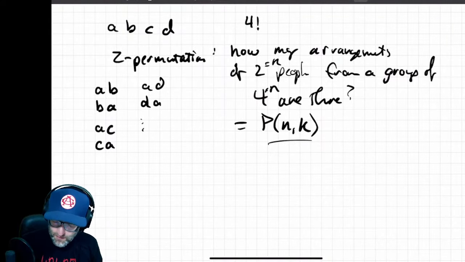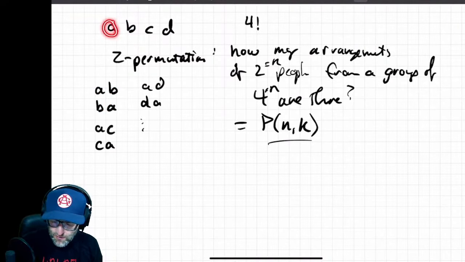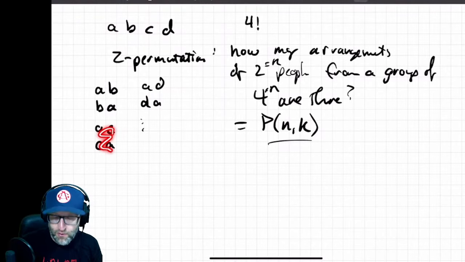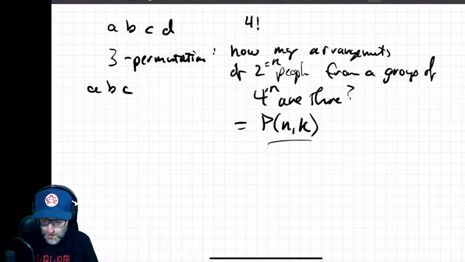Well, hopefully you saw a pattern here. What I did is, go ahead and choose the first two, and then permute them both. Then choose the second two, A and C, and then permute them both. It might help to look at this from the perspective of a little bit larger one, 3 permutations. Choose 3 of them, A, B, C. Now permute all those.